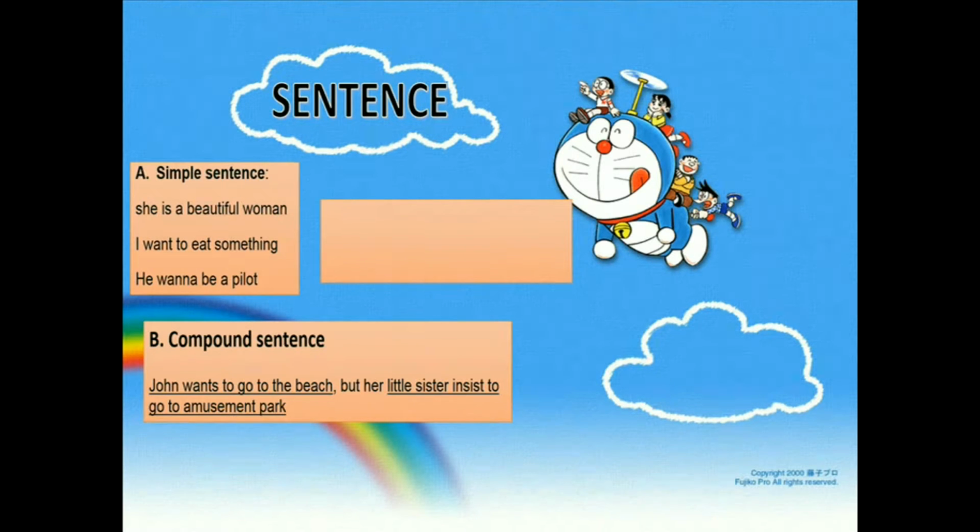So it will be, John wants to go to the beach, but her little sister insists on going to the amusement park. Complex sentence. It is a sentence with one independent clause. Example, I like the book that you bought yesterday.